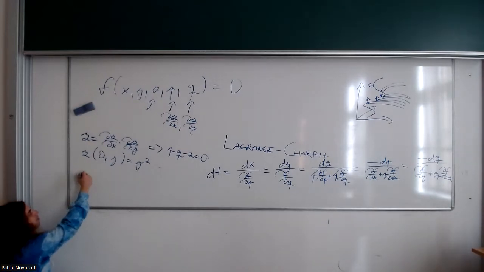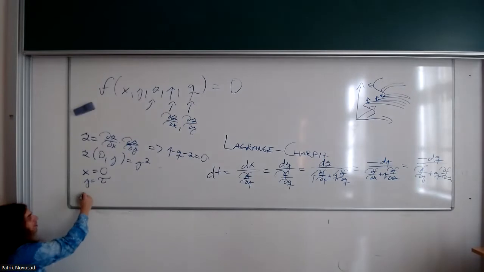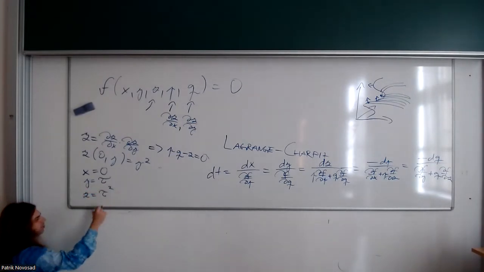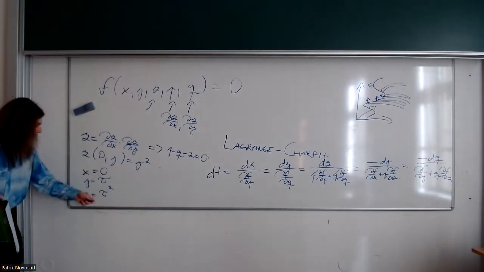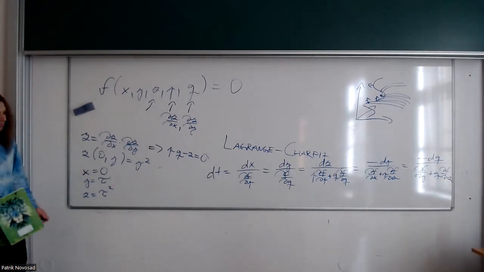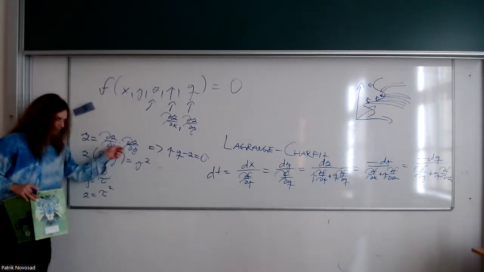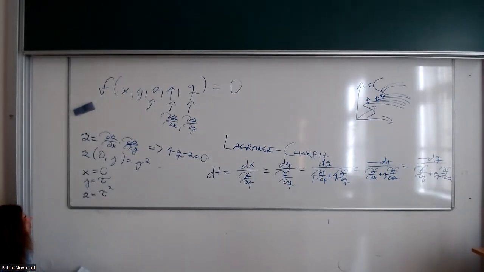Here, of course, x will always be 0, y will be some kind of parameter tau, and then z will be just tau squared. And this system of equations represents in a parametric way this initial condition.